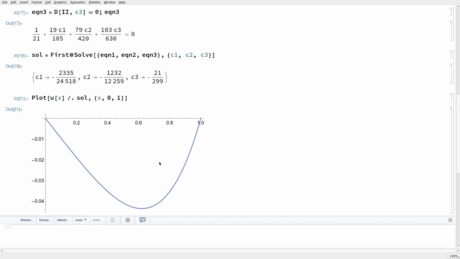That is the solution. Plotting the solution. II is just basically I of u. I had to use II because in Mathematica, I is the imaginary number symbol, so I can't assign anything to it.